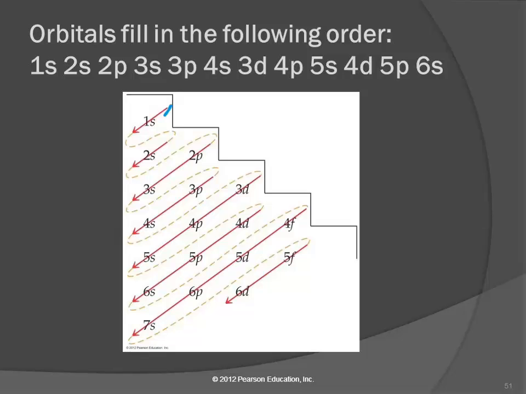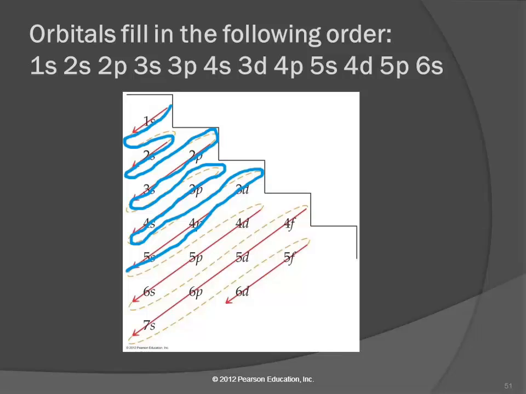Okay, so we're going to draw down this way, and then we're going to go back up and come down 2s, 2p, 3s. We jump back up here. After 3s is 3p, but then 4s gets in there. So you see what I'm doing? I'm just following that line. Not very well. This is harder than it looks. Yeah, that's lovely. But that's the order.